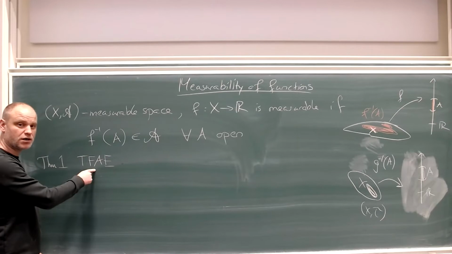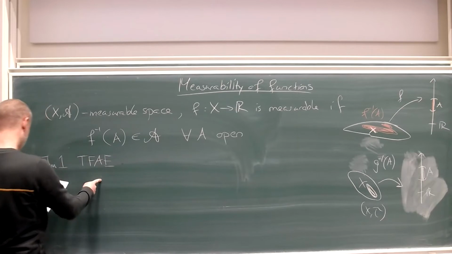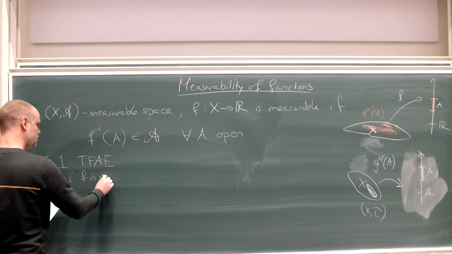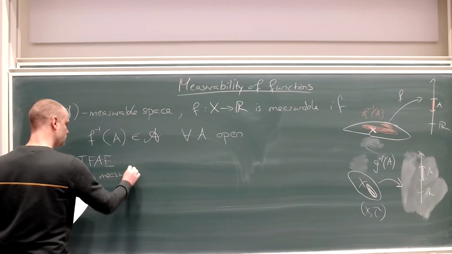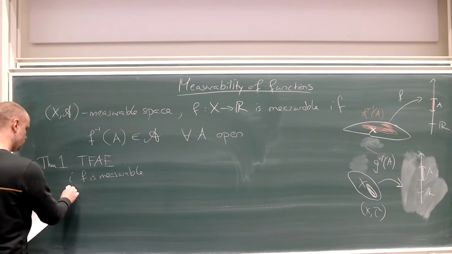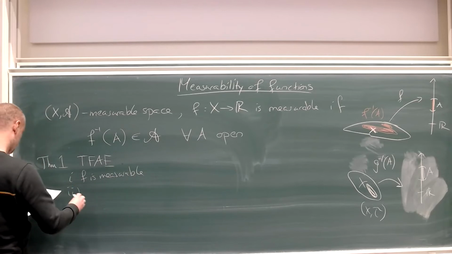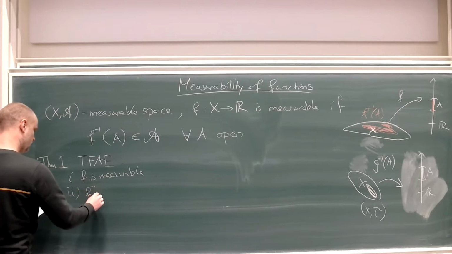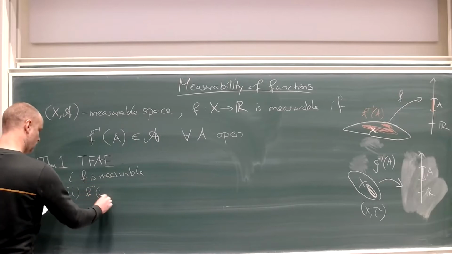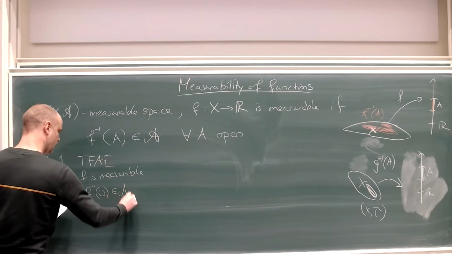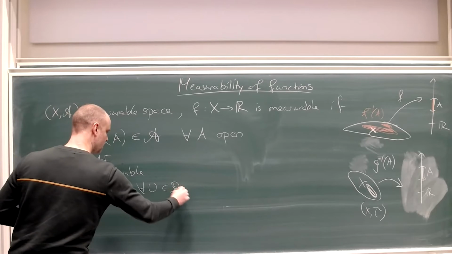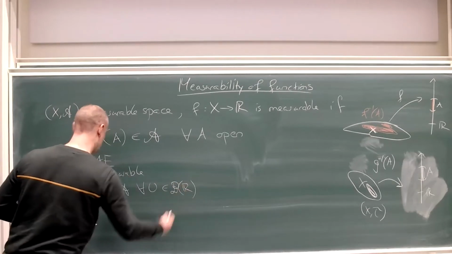The following are equivalent. One: F is measurable. Two: F minus 1 of U is in A for all U in the Borel sigma algebra.